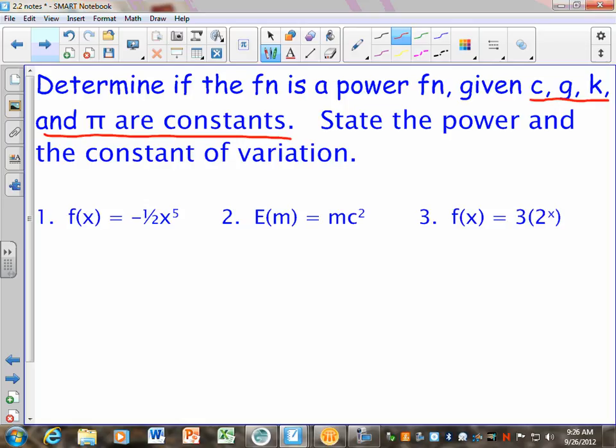In your homework tonight, I'm pretty sure I took these directly from that, but in the directions, if not, it's a little different. But they tell you which letters represent constants, and that's the important part here.